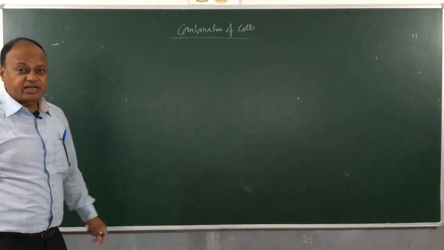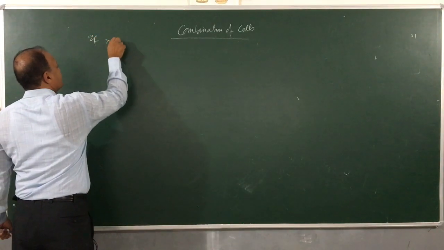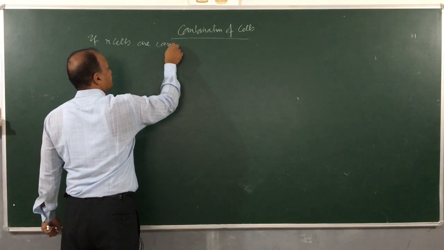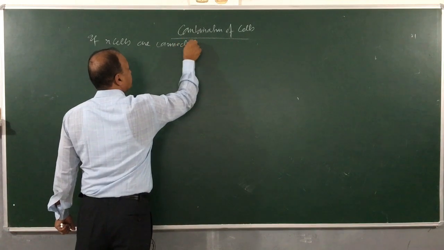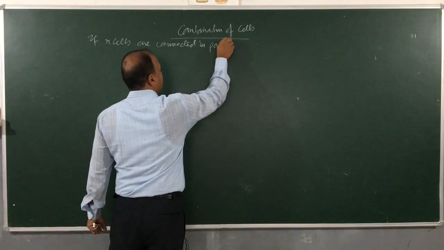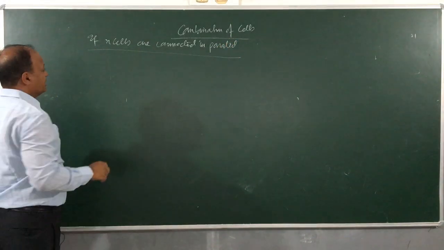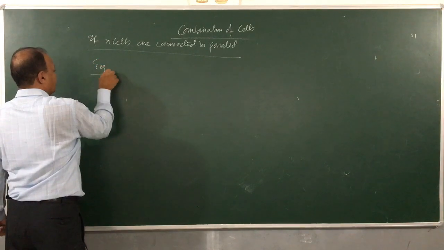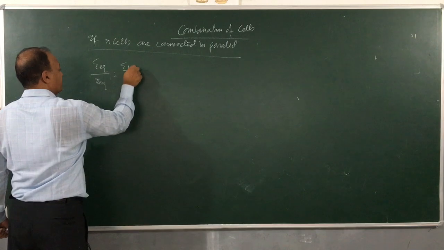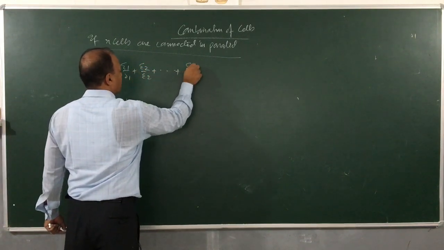Suppose I have n cells which are connected in parallel. If I am connecting n cells in parallel, children, then what will I get? E equivalent divided by R equivalent is equal to E1 by R1 plus E2 by R2 and so on, for how many cells? All the n cells.